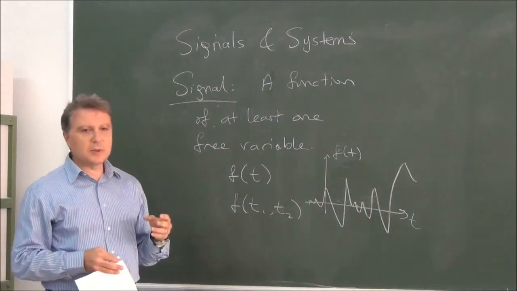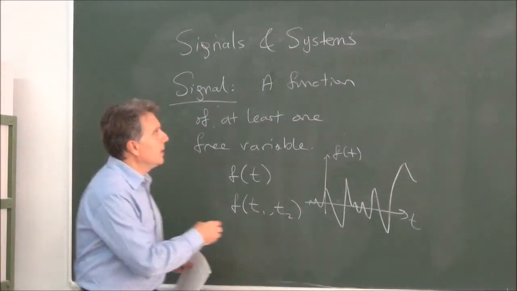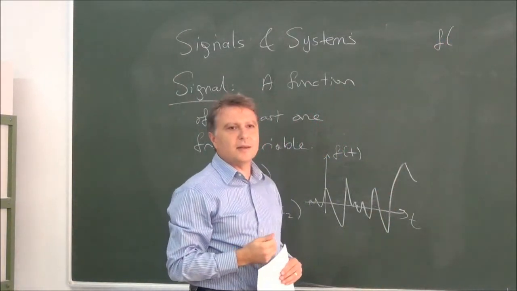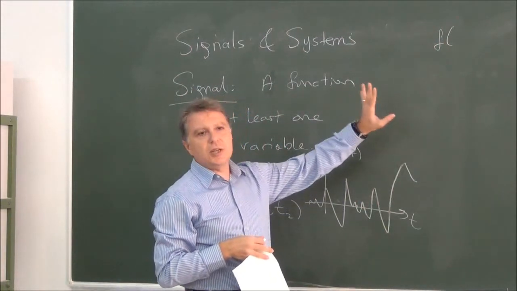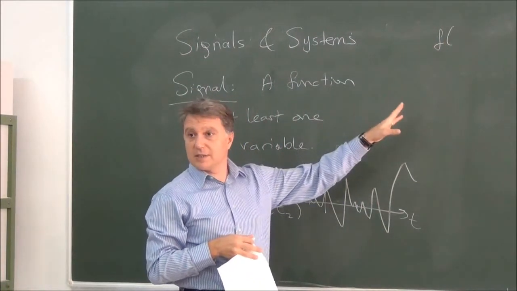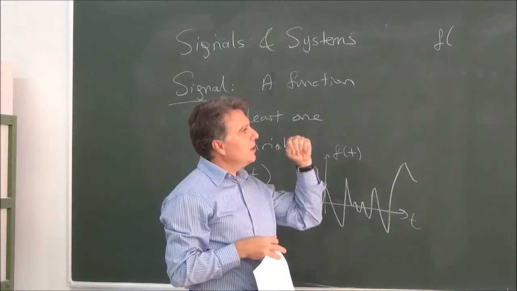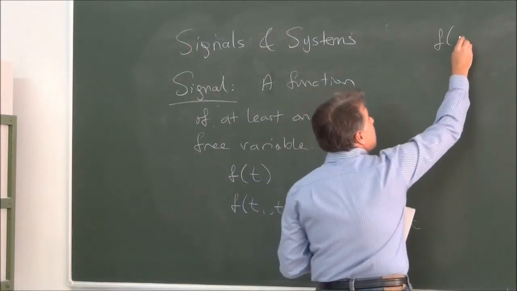We are more comfortable with different definitions of two-dimensional signals like f of, this f is just a name, and we will stick to the notations of using f and g for functions, or x or y, or a or b. It's just some names of the functions.